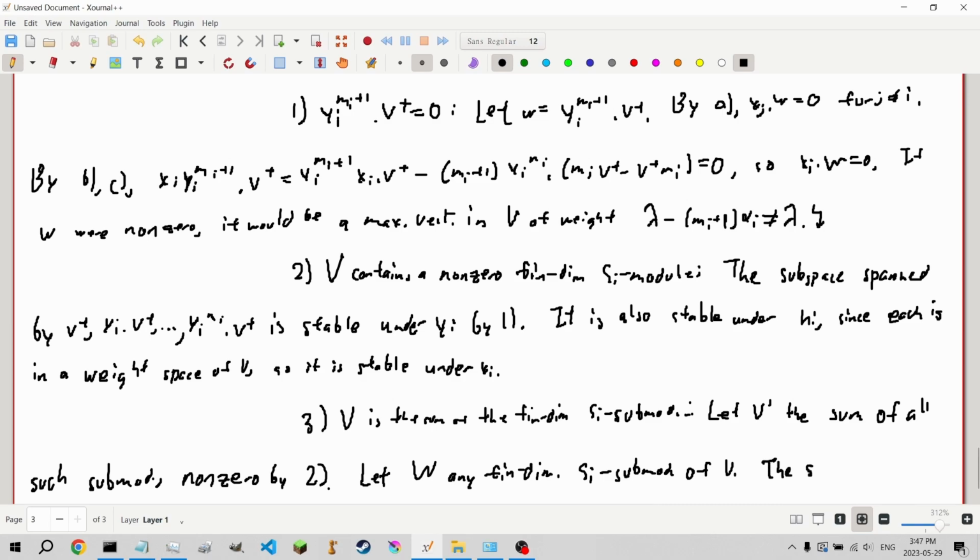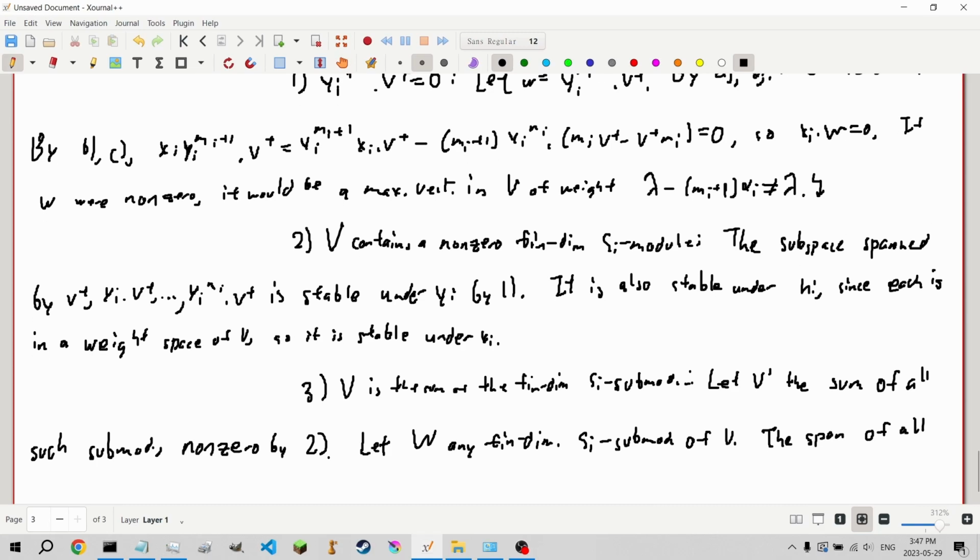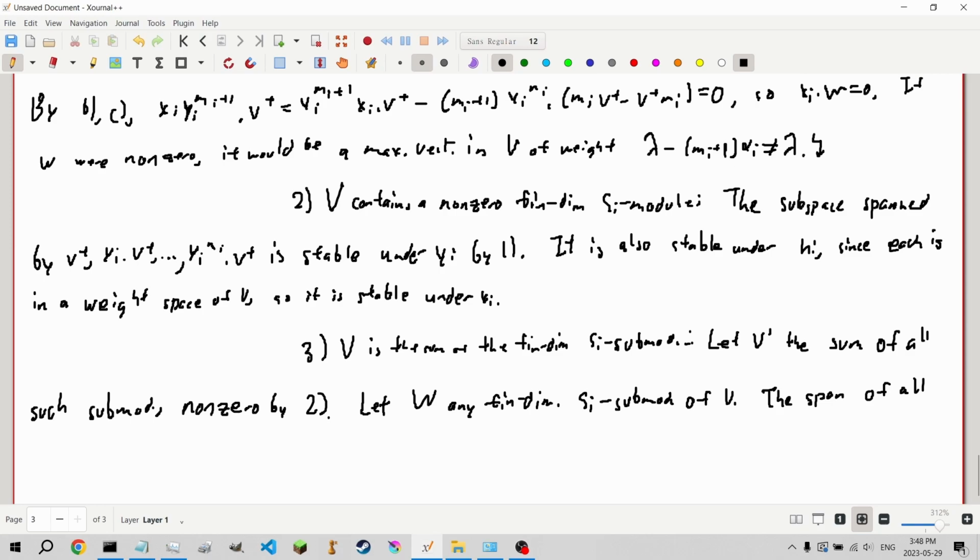The span of all subspaces x alpha W for alpha in our root space is going to be finite dimensional, and it's also going to be Si stable.